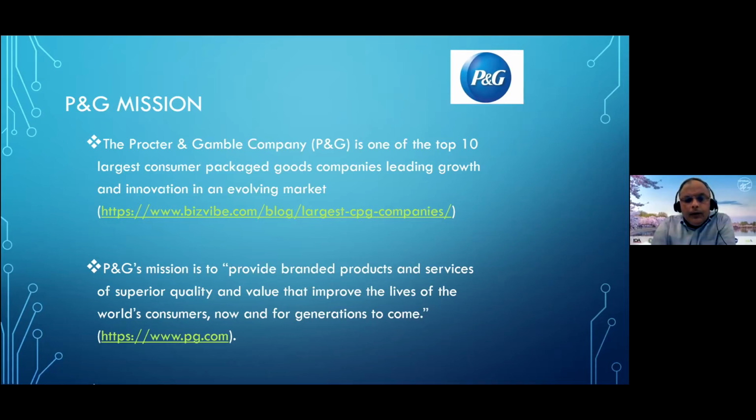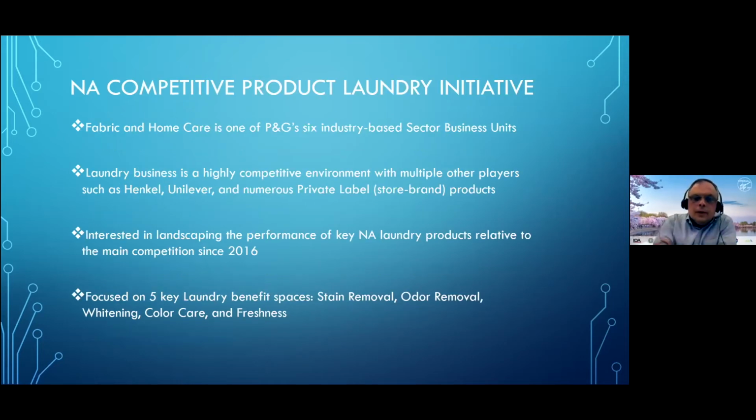When we do that, we always have to keep the P&G mission in mind, in particular that the consumer is center stage. And when we produce new products, we need to illustrate superior quality of the products relative to competitors. So in order to do that in the laundry area, where I provide statistical support, we started this initiative a few years ago.